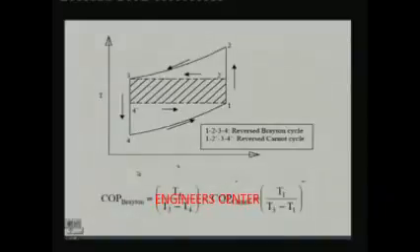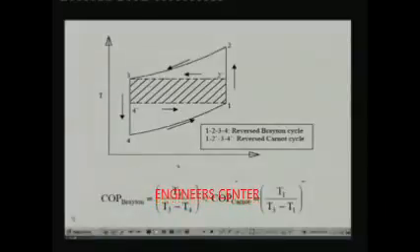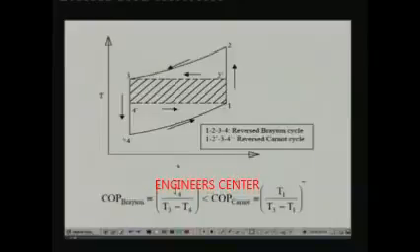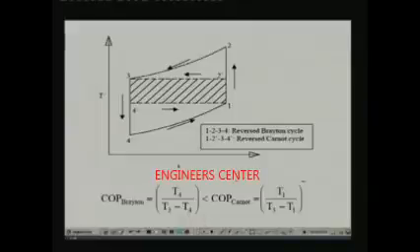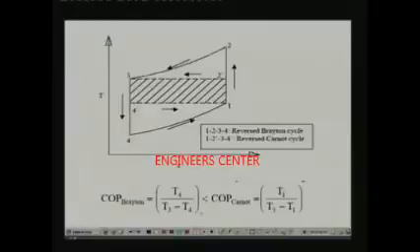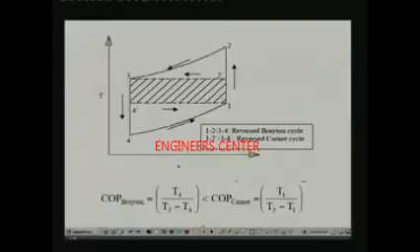Okay. So what I am showing here is the reverse Brayton cycle 1, 2, 3, 4, right. So you have two isobaric processes here, okay. Process 2 to 3 and 4 to 1 are isobaric processes, process 1 to 2 and 3 to 4 are isentropic processes, okay.